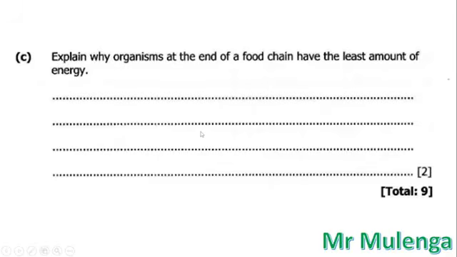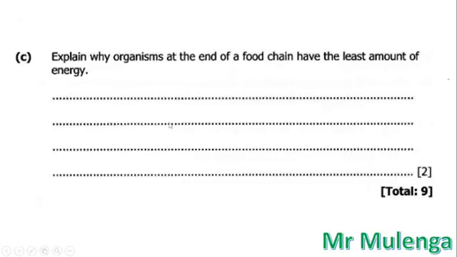Now, when that energy is transferred from one trophic level to the next, it will keep on what? Getting lost. So out of 100, 90% of the energy is going to be lost through different metabolic processes such as respiration, egestion, and excretion, because organisms will be breathing, moving, growing, ingesting, and excreting.